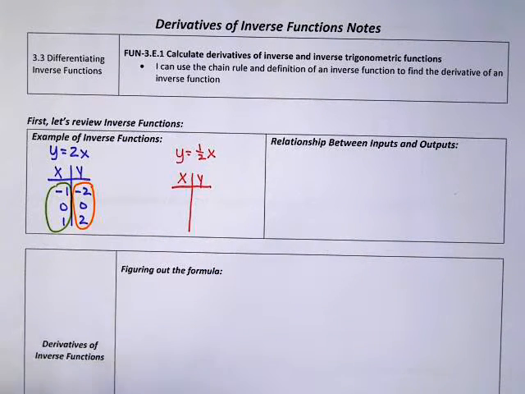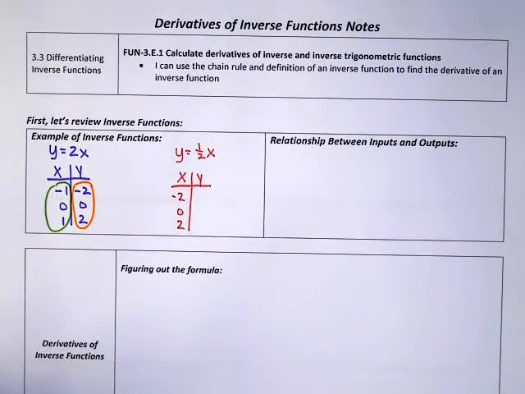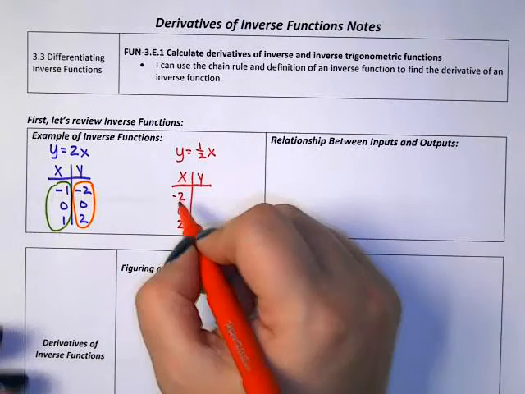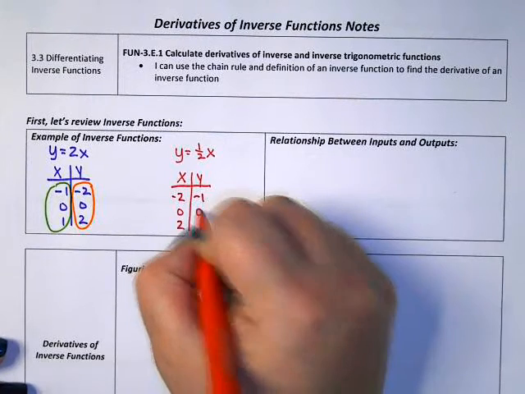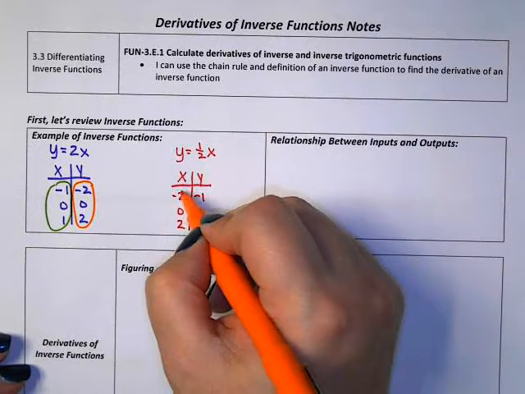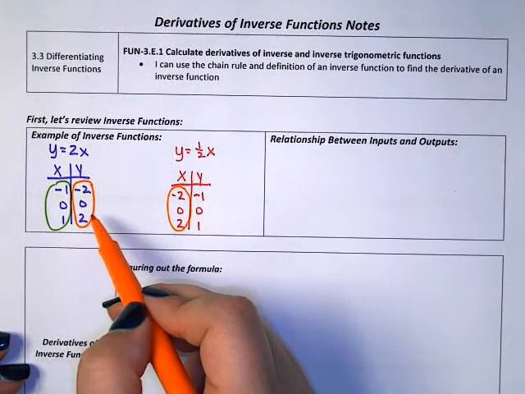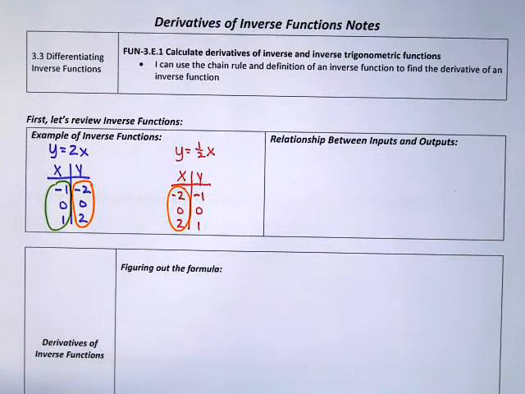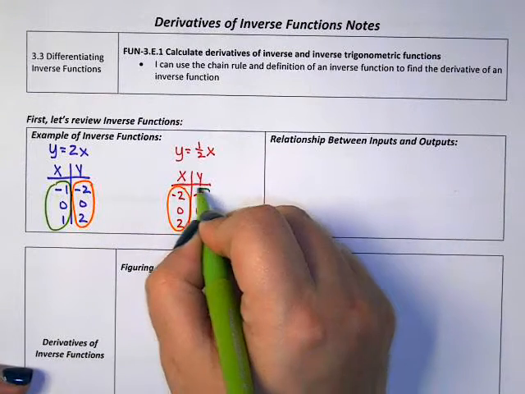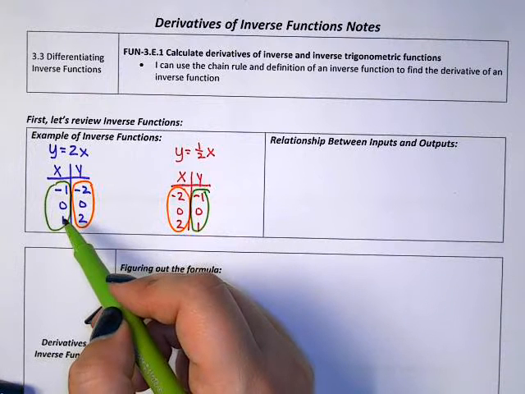So if I were to plug in -2, 0, and 2, I would get output values of -1, 0, and 1. So we can see that these inputs on my inverse are the outputs on my original, and the outputs on my inverse function are the inputs on my original function.